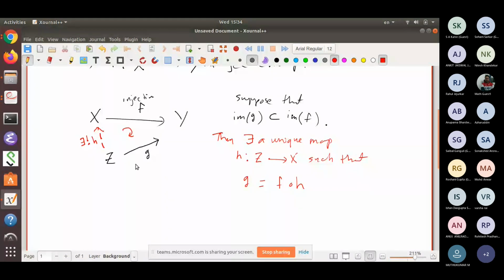Because you see, what is happening is, if I take some element, let's call that element small z, belonging to Z, that goes to something called gz. But that's in the image of G, and you are told that image of G is contained in image of F. So this gz has to be equal to some f of x, for a unique x.